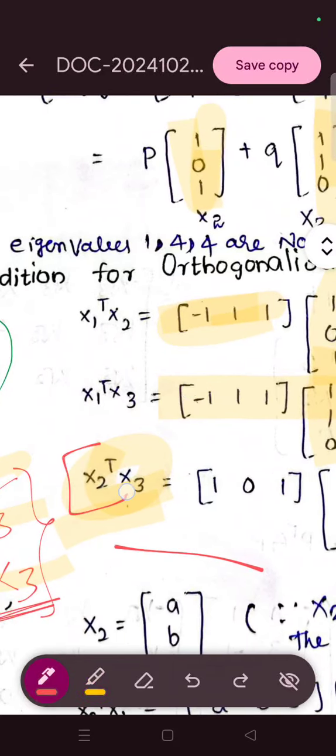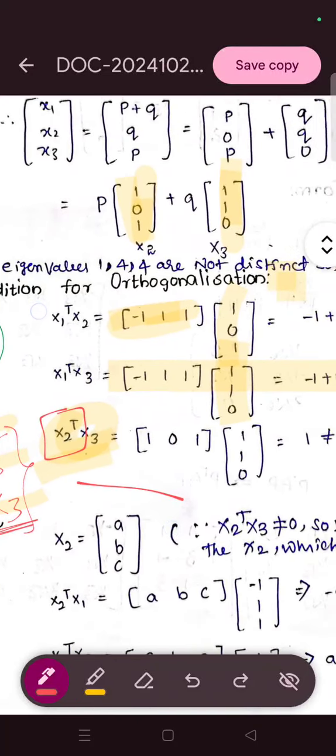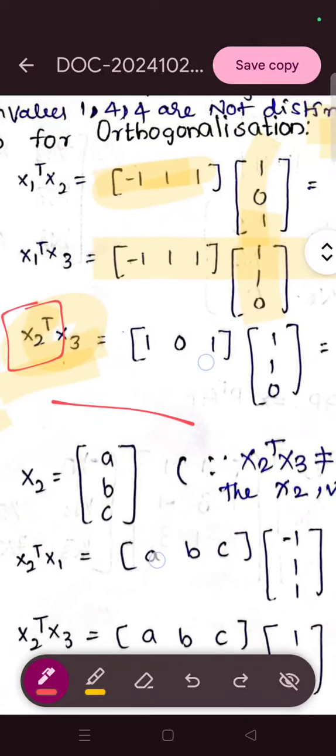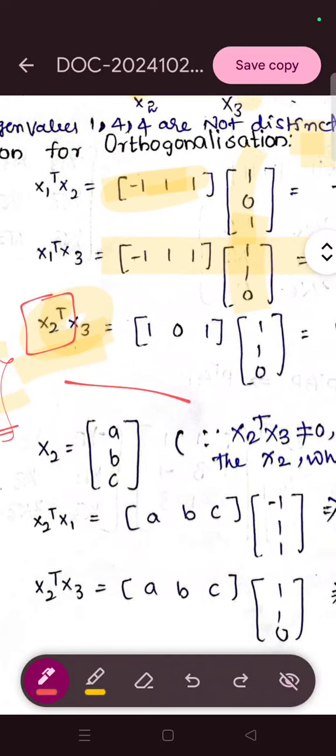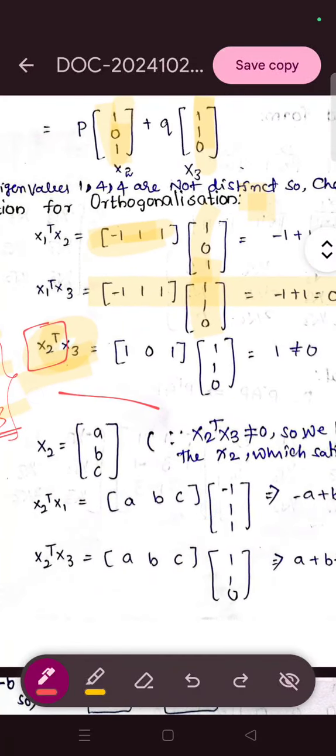This x2. That's why, for making orthogonal eigenvectors, we need to find a new eigenvector. Here it failed because x2 transpose x3 equals 1, which is not equal to 0.